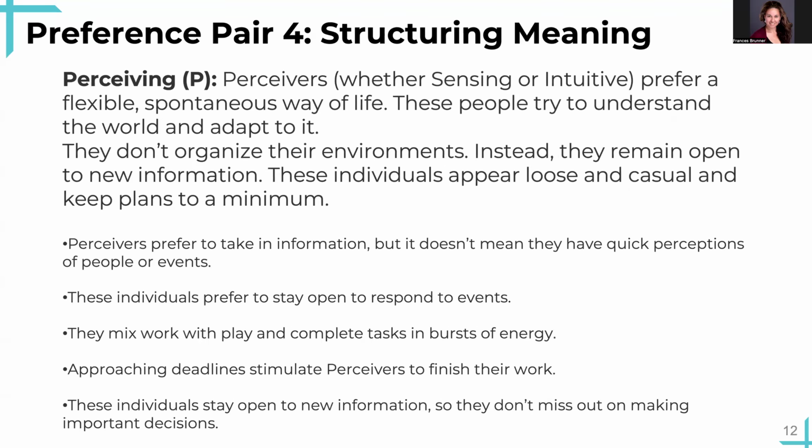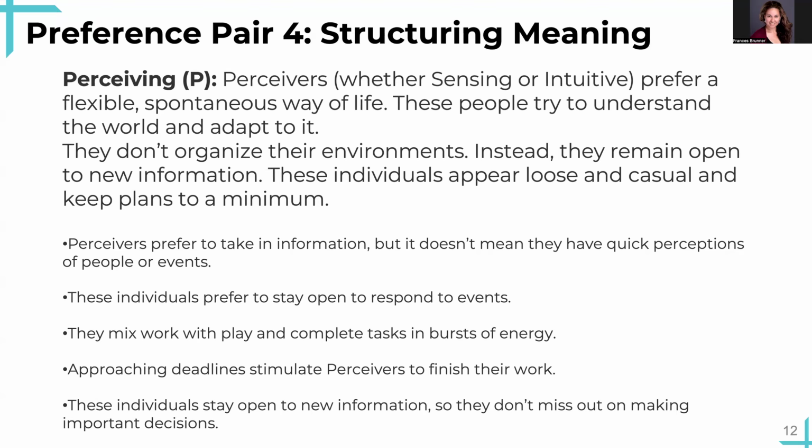So perceivers are more flexible and spontaneous. They're the people that take a well-planned day and decide to just throw it out the window and try something new. They prefer to stay open and they're a little bit more flexible in perceiving information, and processing it and possibly coming to a different conclusion.